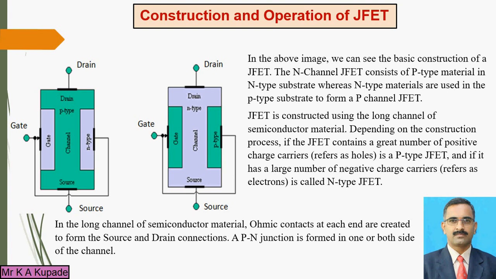If the P-type bar is there, then the N-type substrate is diffused at the side of this P-type bar, and the region of this N-type material is called the gate. Where you are diffusing the N-type material on the P-type bar, that area forms the PN junction.